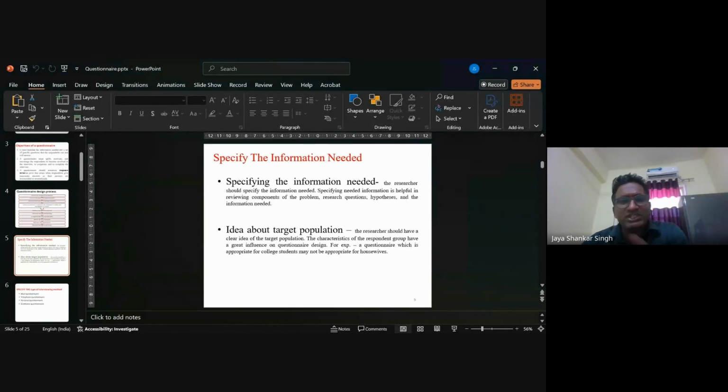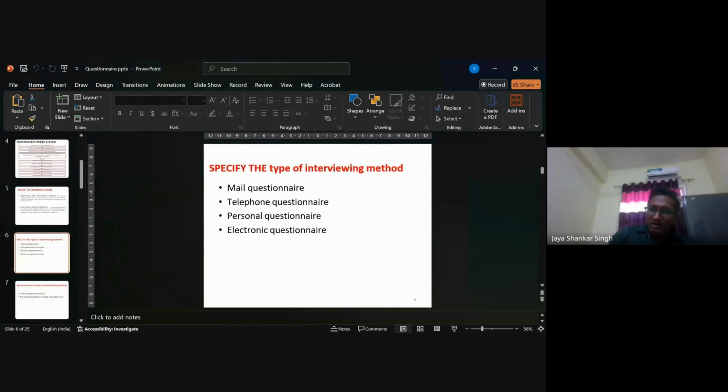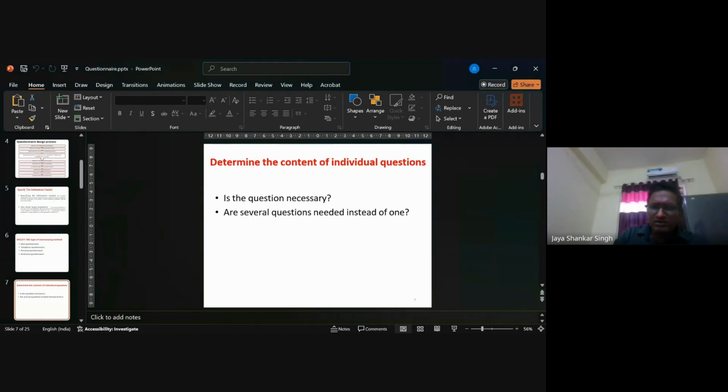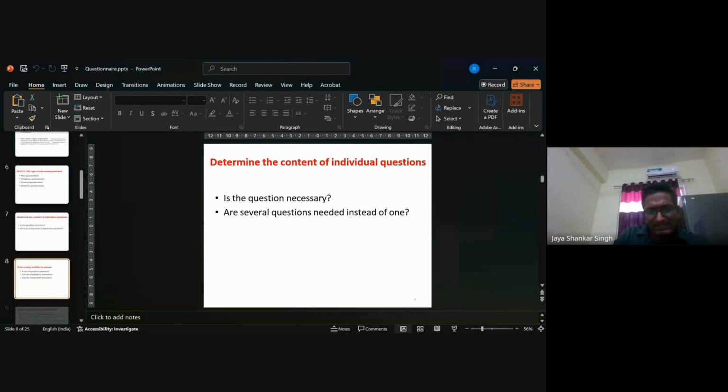Baki to, the first one, specifying the information needed, is very much important so as to translate every information into a question, whatever information you need. Specify the type of interview, देख लिया हम लोगों ने. These discussions we have done.